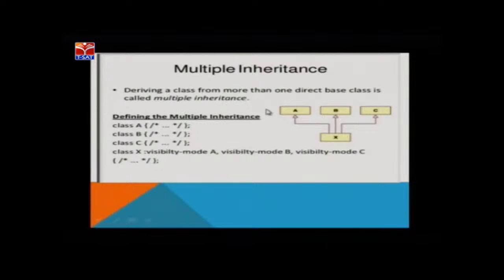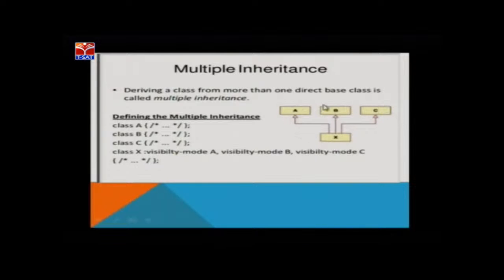In multiple inheritance, a single class is derived from more than one base class. So friends, look at the picture.